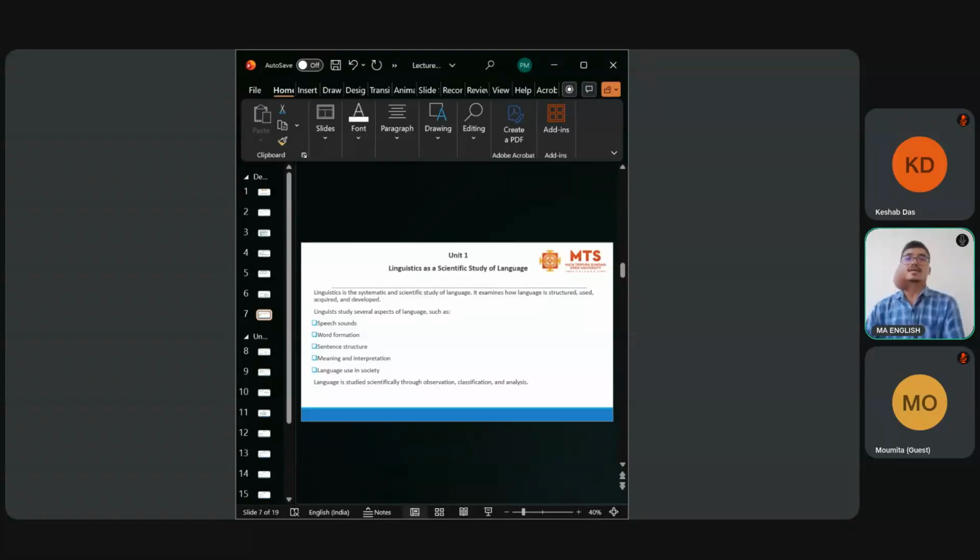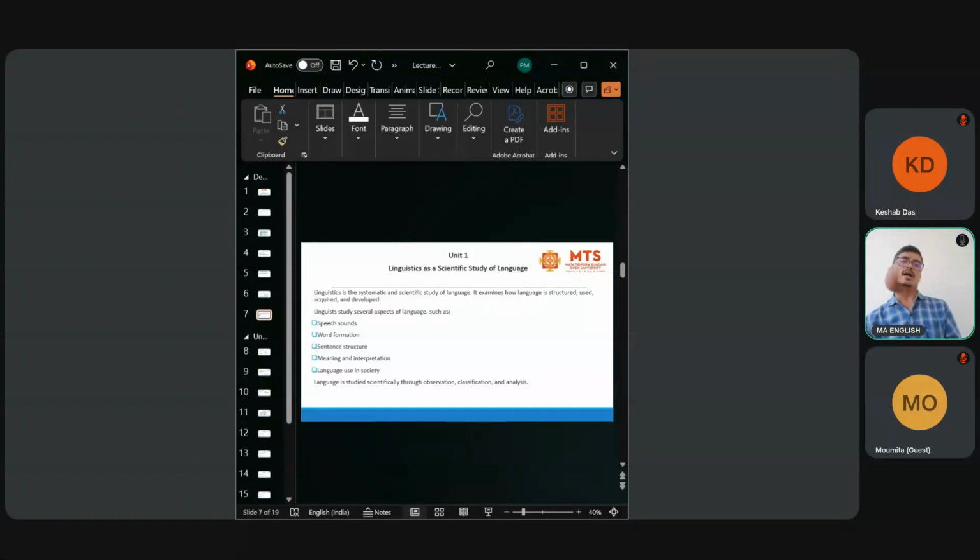So fourth, they study meaning and interpretation: what words, phrases, and sentences mean, and how context affects the meaning. And fifth, they study language use in society and how language functions in social interactions, in different communities and across different situations.